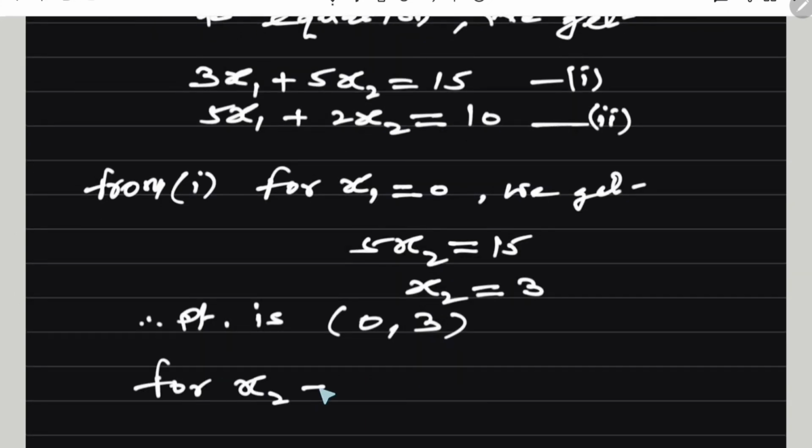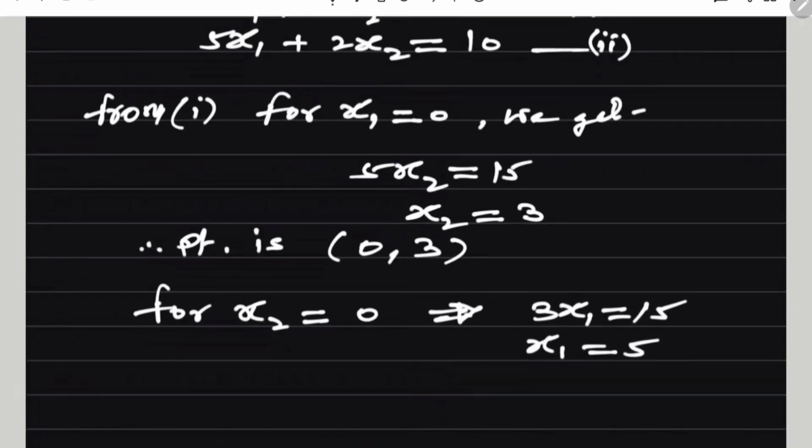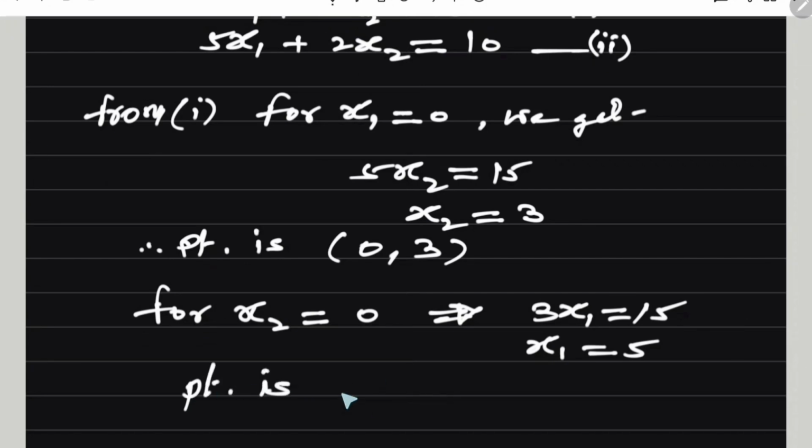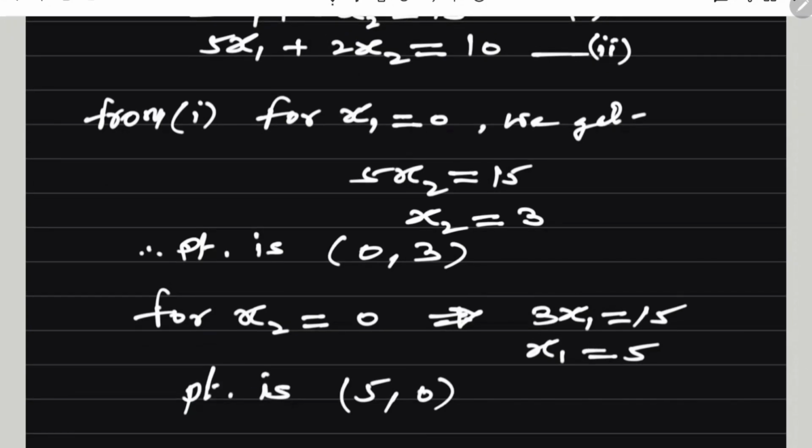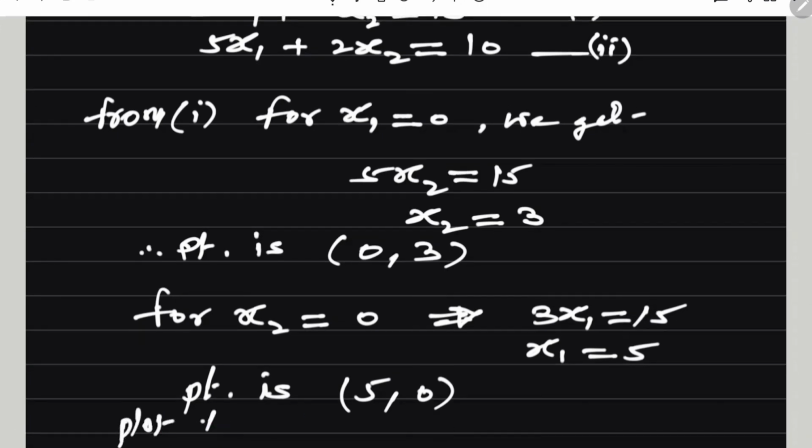Then consider x2 as 0, we get 3x1 equals 15, means x1 equals 5, therefore point is (5, 0). We have to plot this on the graph and then join these 2 points to obtain that straight line.